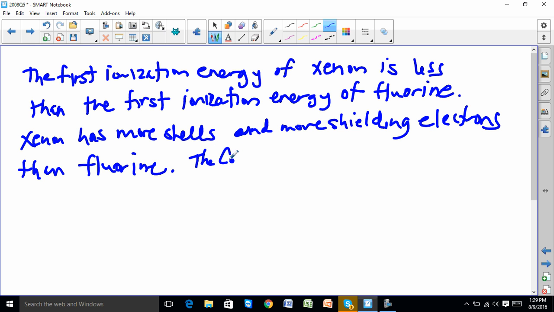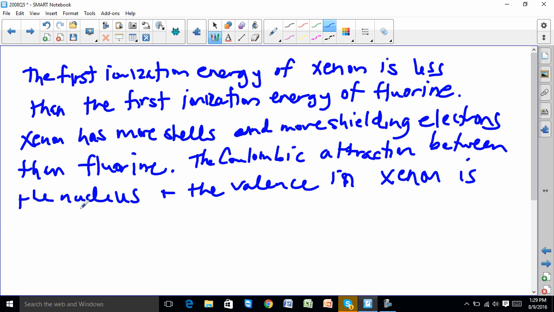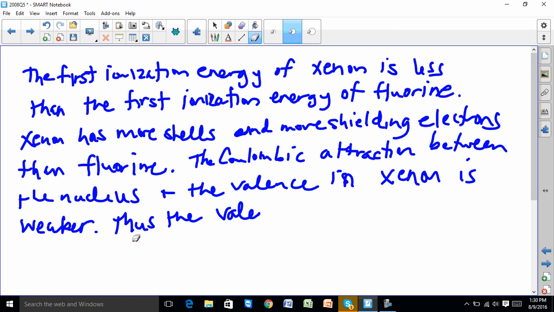The Coulombic attraction, or therefore something like that, between the nucleus and the valence electrons in xenon is weaker. Thus, therefore, hence, the valence. And we probably should talk about both. Give me just a second. Let me just back up.